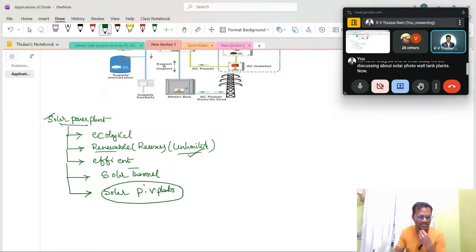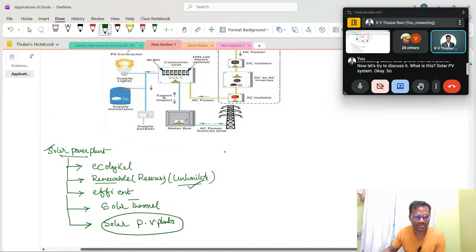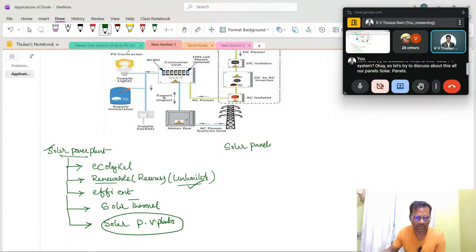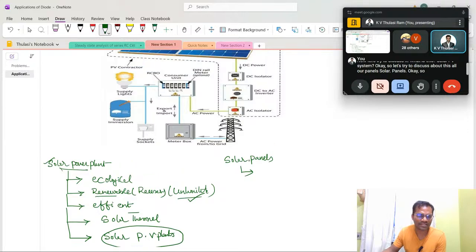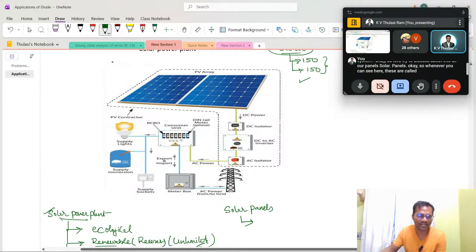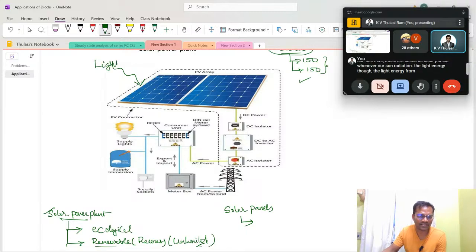Now let's discuss what this solar PV system is, starting with the solar panels. Whenever sun radiation, the light energy from the sun, strikes our solar panel, this light energy is automatically converted into voltage.